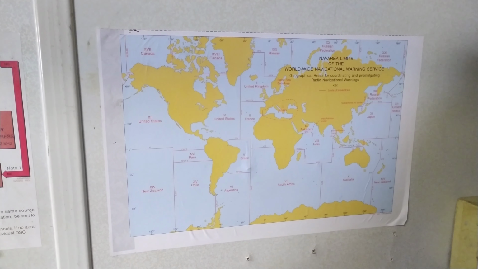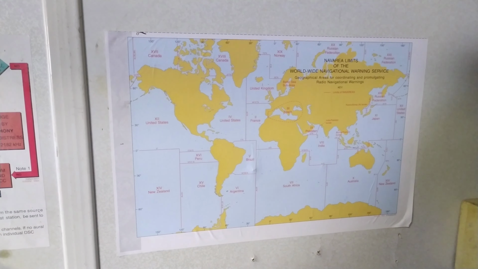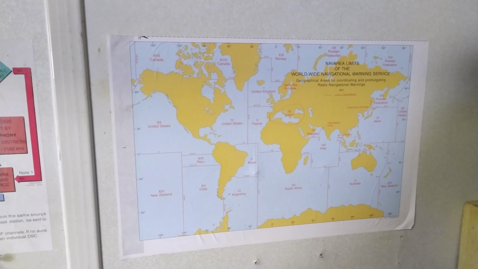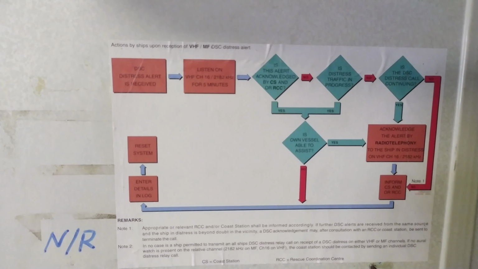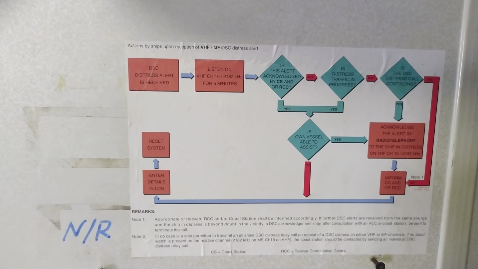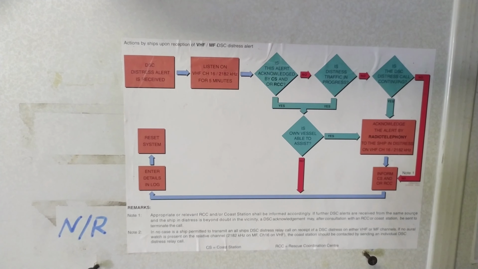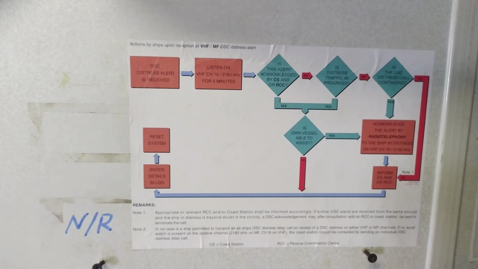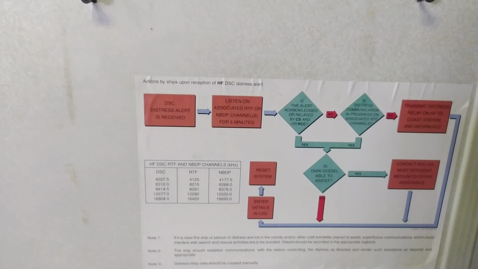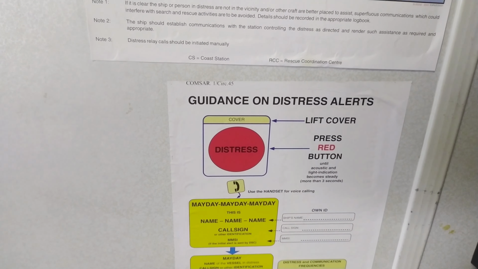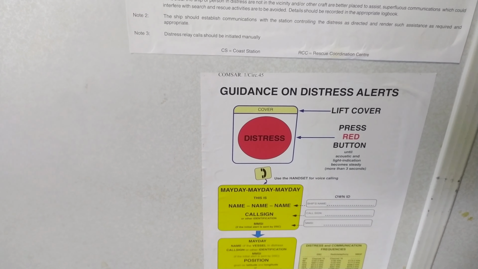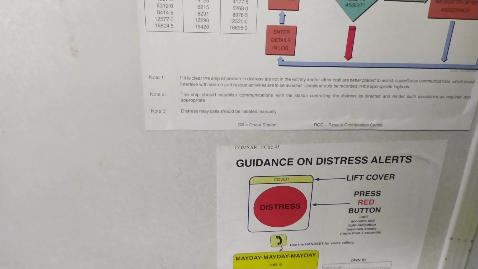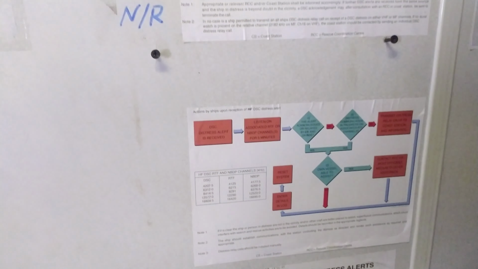This is how you will be able to select the stations on SAT-C as well as for MFHF DSC calls. Again, this next paper is action by vessel on VHF or MF DSC distress call, by HF distress call, and guidance on the distress alert buttons. So this button is basically for distress, the undesignated distress.